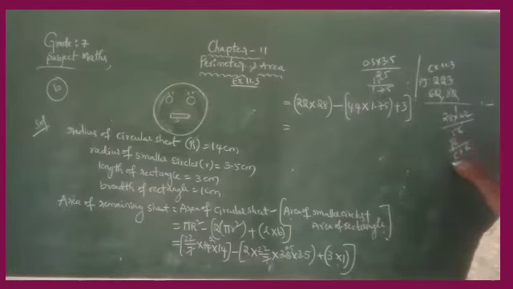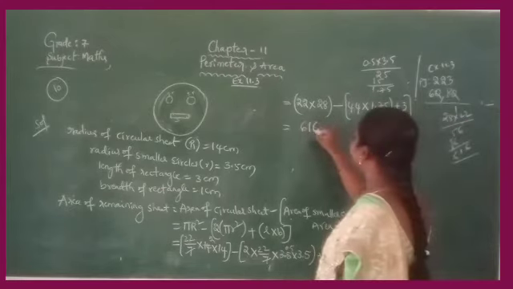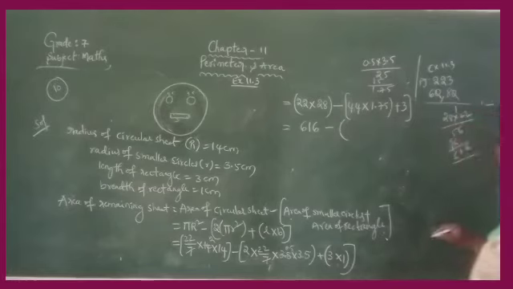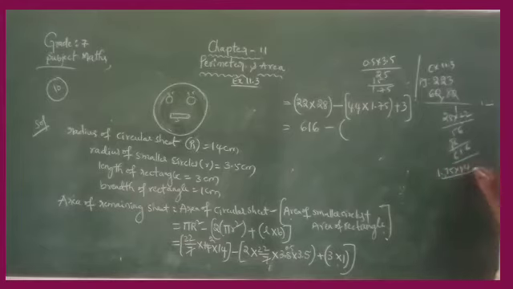Total 616. 616 minus 44 into 1.75. So 1.75 into 44, 4 fives are 20, 4 sevens 28 plus 2 is 30, 4 ones 4 plus 3, 7, so 700.